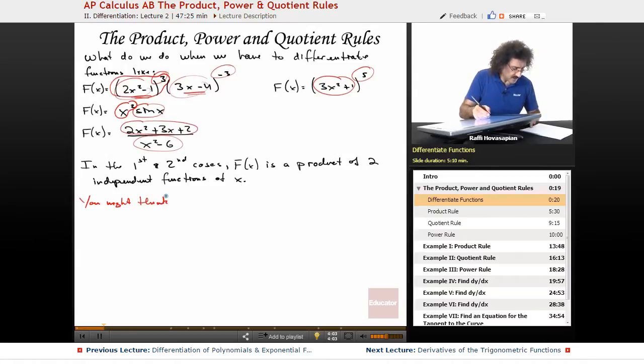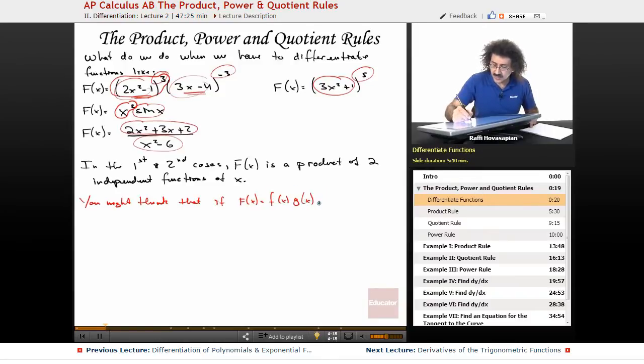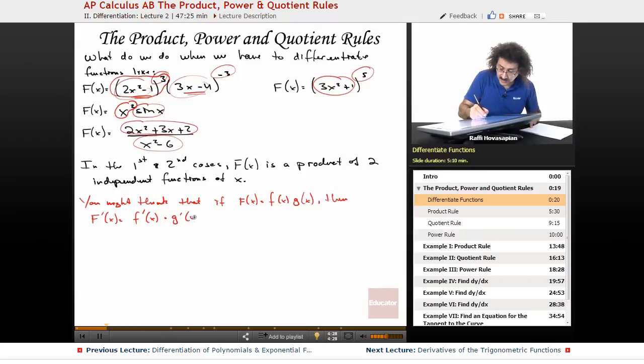You might think that if f of x equals f of x times g of x, then f prime of x equals f prime of x times g prime of x. This is not true.